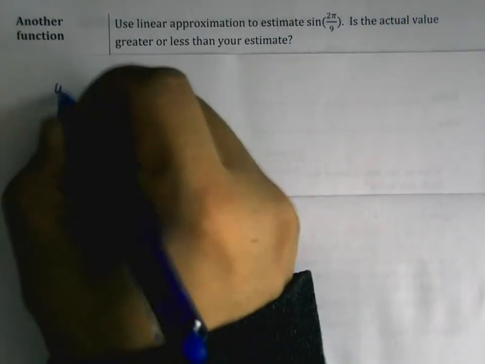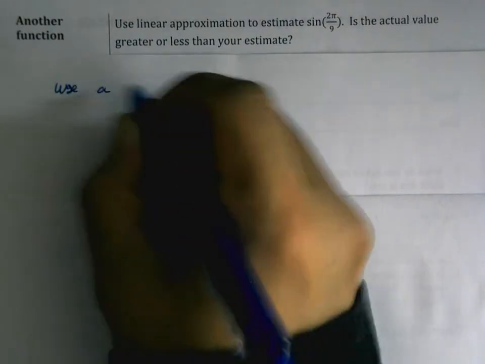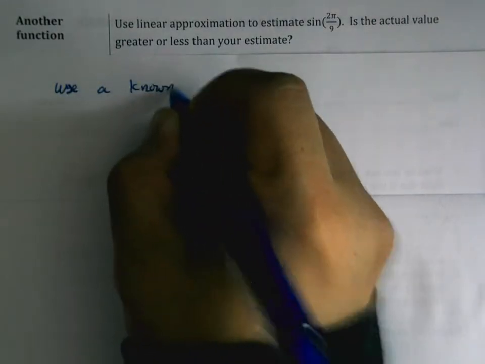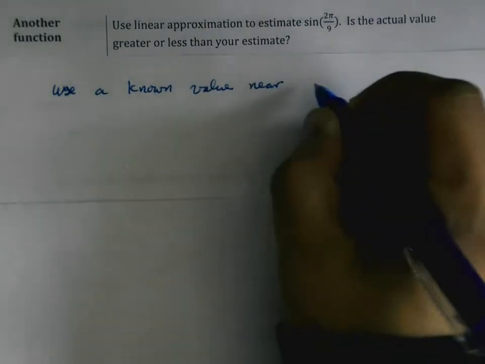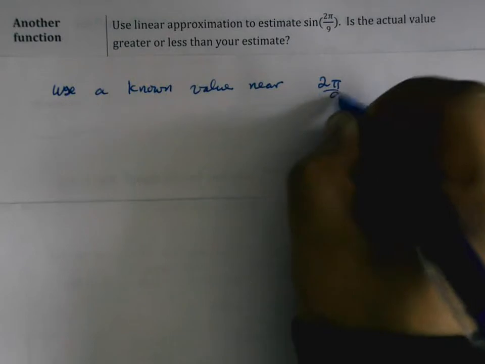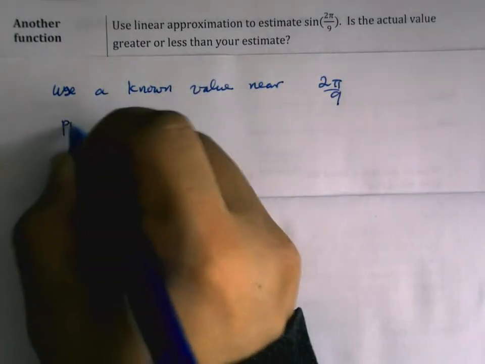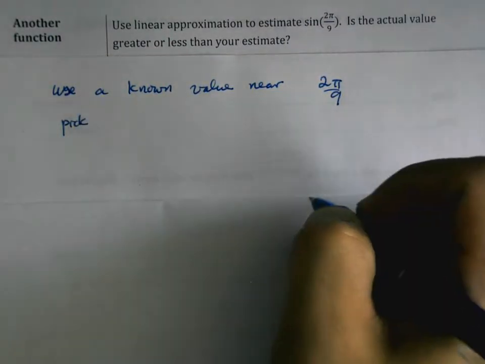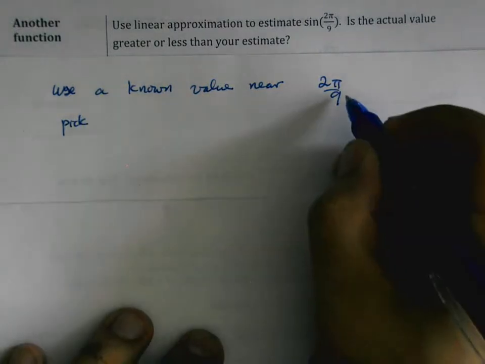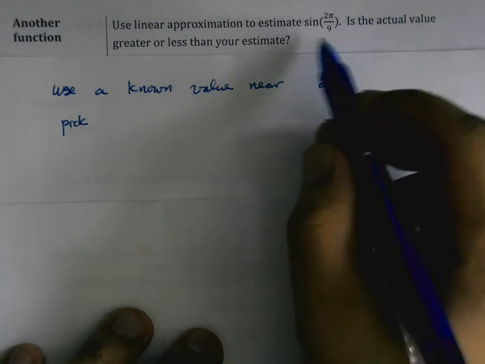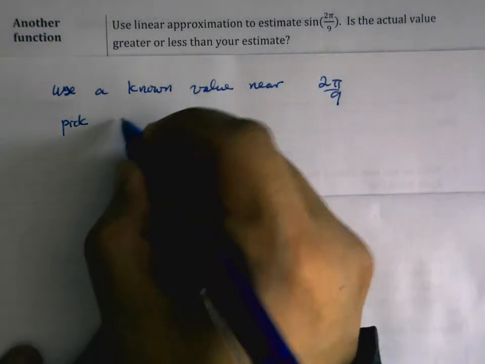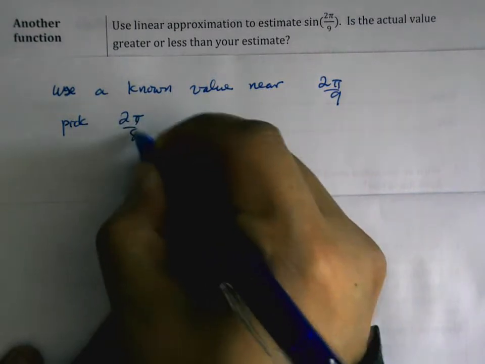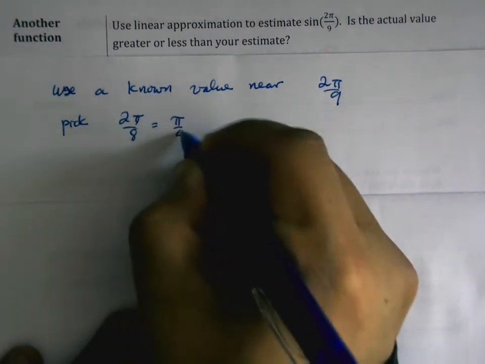So first, we are going to use a known value near 2 pi over 9. You could pick whatever number you'd like, but we want that number to be as close to 2 pi over 9 as possible, and we want to be able to accurately evaluate that number. So we're going to pick 2 pi over 8, which is pi over 4.